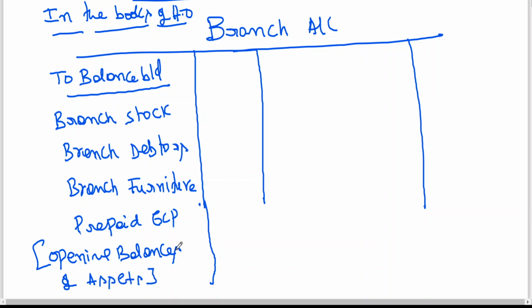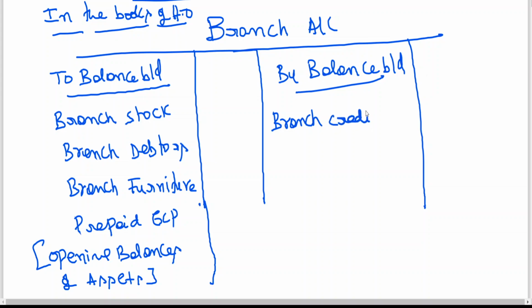Opening balance of assets. And immediately credit side, you remember, by balance brought down, this is opening balance of liabilities. If branch is allowed to purchase goods on credit basis, I told you in the last class, in very rare cases this will happen. Branch creditors.